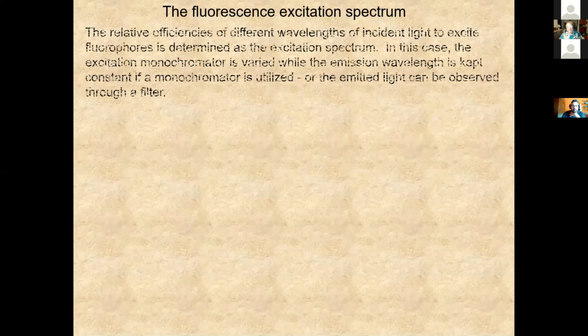Now, what about the excitation spectrum? Well, that's the relative efficiencies of different wavelengths of incident light to excite the fluorophore. So in a spectrophotometer, you would scan the different exciting wavelengths and keep the emission wavelength constant.